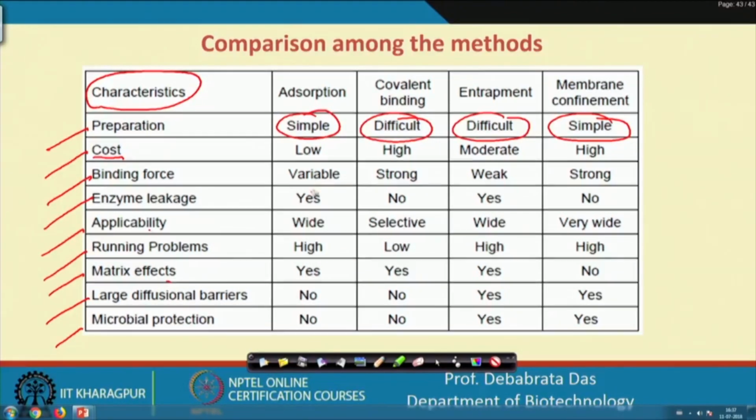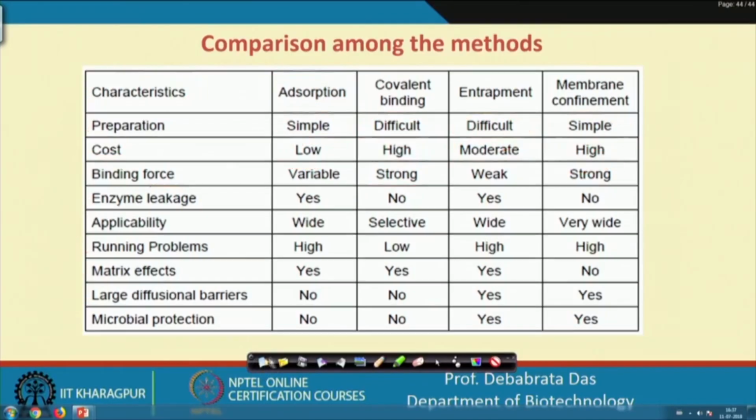Now in the cost if we consider, adsorption is low cost, covalent binding is high cost, then entrapment is moderate cost, and membrane confinement is high cost. So if we want low cost, then obviously our choice will be adsorption. So this is the binding force. If we want to have strong binding force, then we will go for covalent binding. So depending on your requirement, you have to select what immobilization technique you should use.